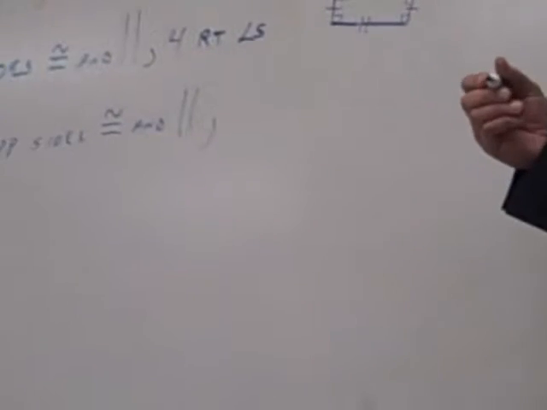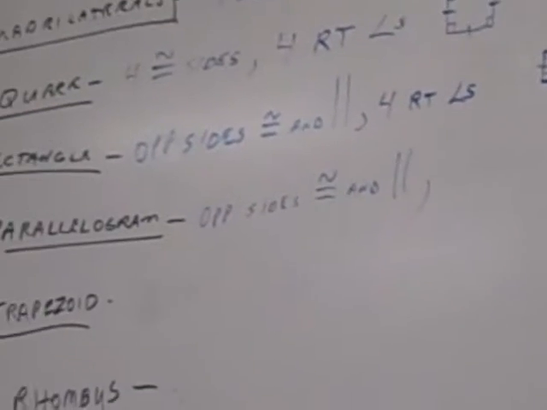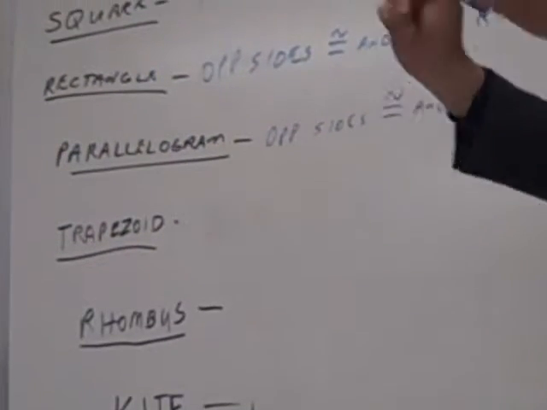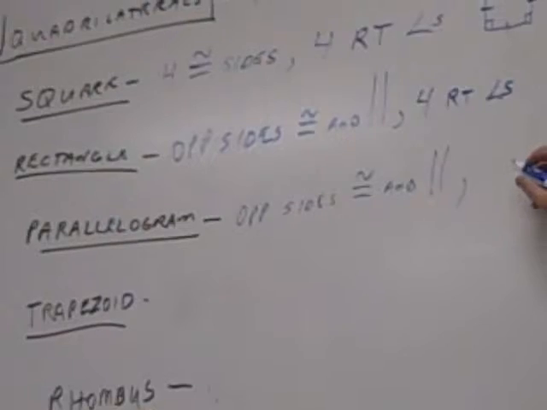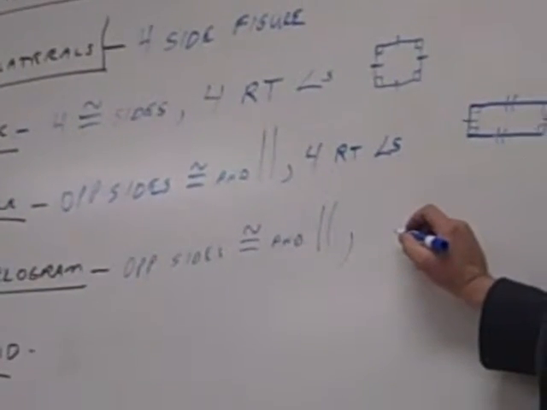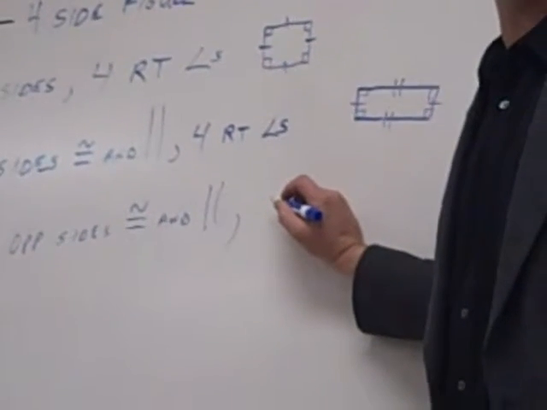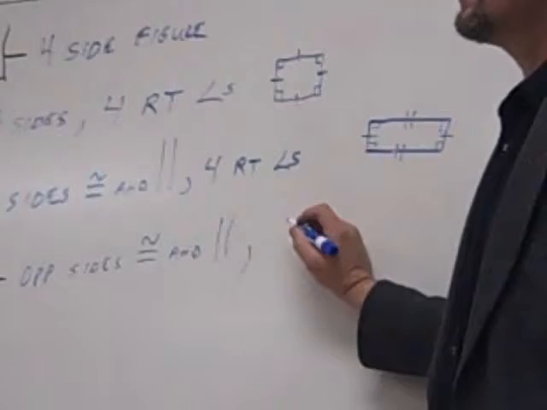So what changes, though, for a parallelogram that it's not in a rectangle? The angles. It does not have right angles. But what do we know about the angles of a parallelogram? Two obtuse, two acute, but what can I put up here? I'm not going to put no right angle.